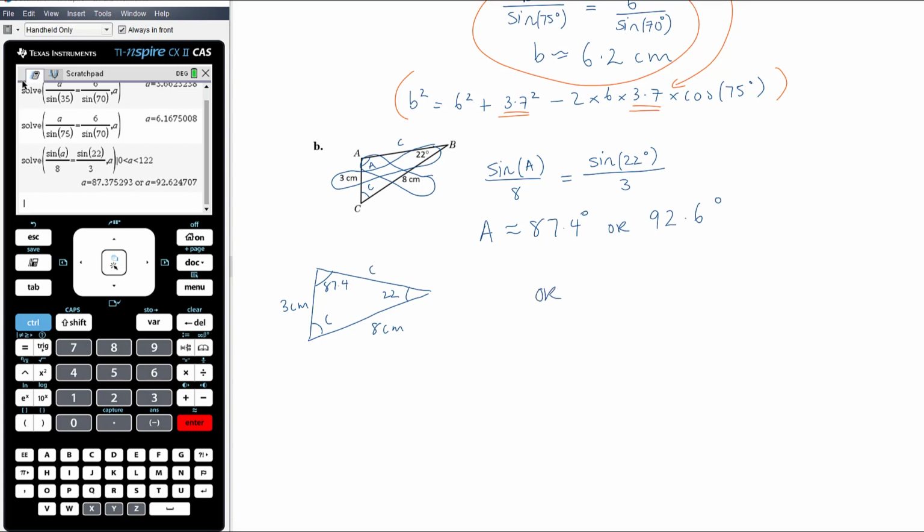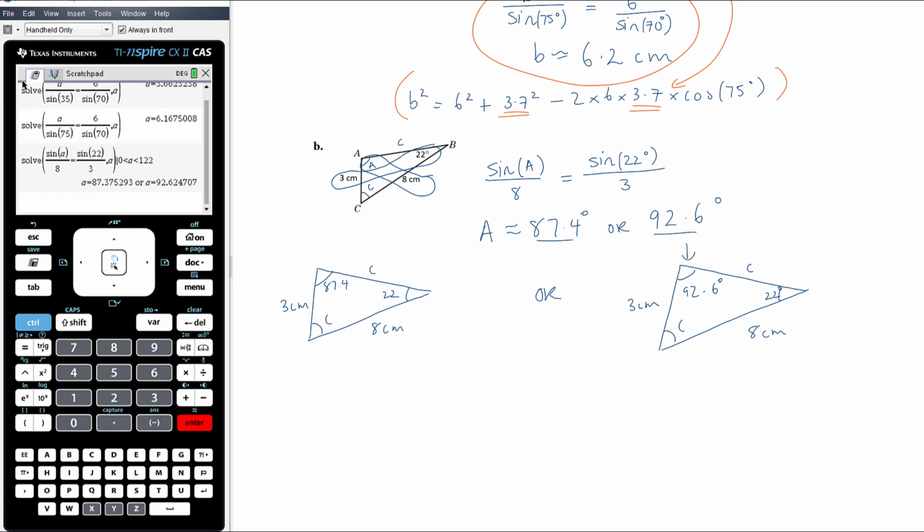Or we've got the situation where that angle is slightly more than 90 degrees. So 22, this time 92.6 degrees up there. Don't know that angle, don't know that length. This is still 3 centimeters and this is still 8 centimeters.